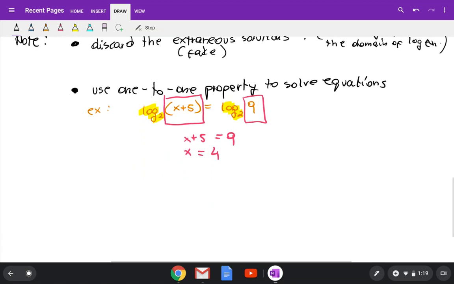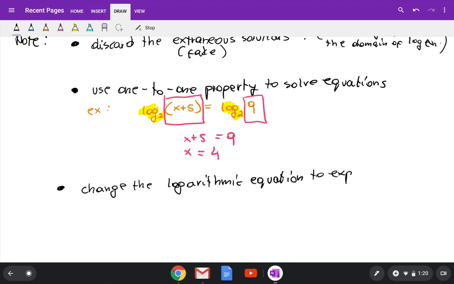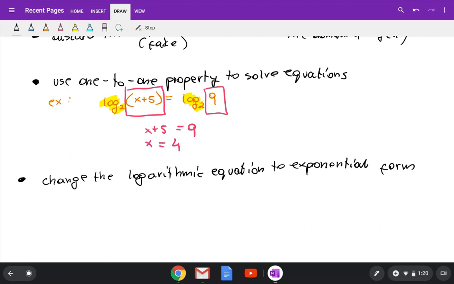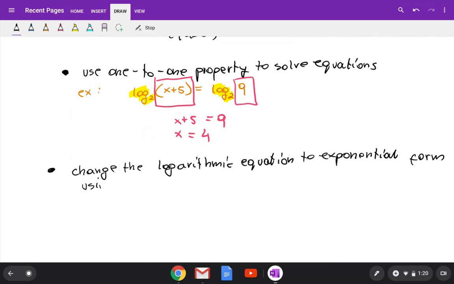And one more note about solving: change the logarithmic equation to exponential form, using the fact that y equals log base a of x means that the base to the power of y equals x.